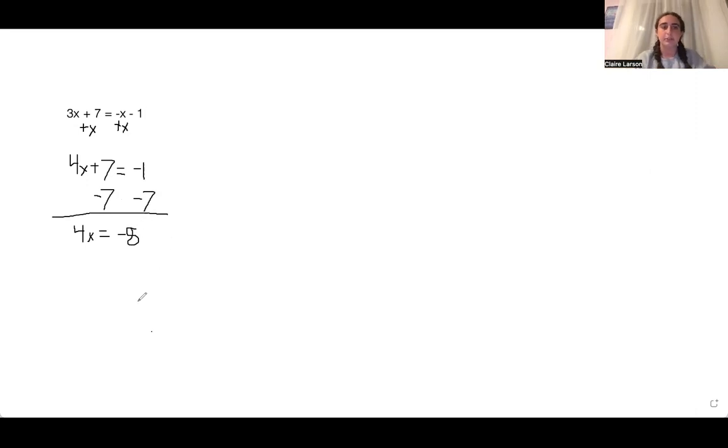And now what we're going to do is we want the x's to be all alone. So how do we do that? We have to divide by 4, because this is 4 times x. So we have to divide this side by 4, and that means we also have to divide the other side by 4.